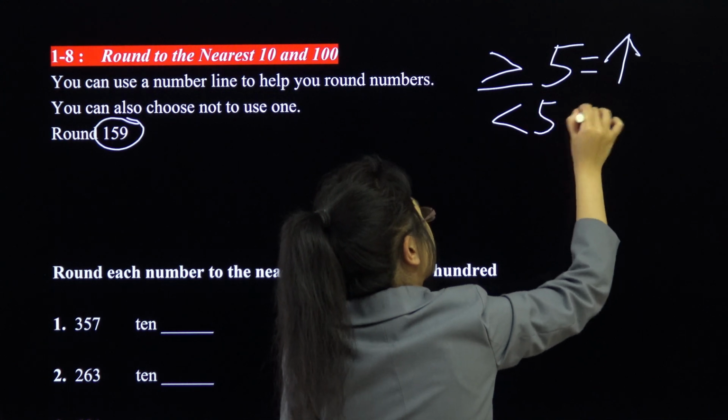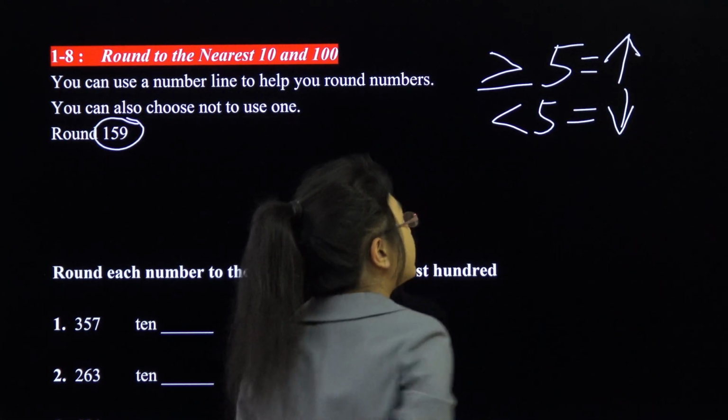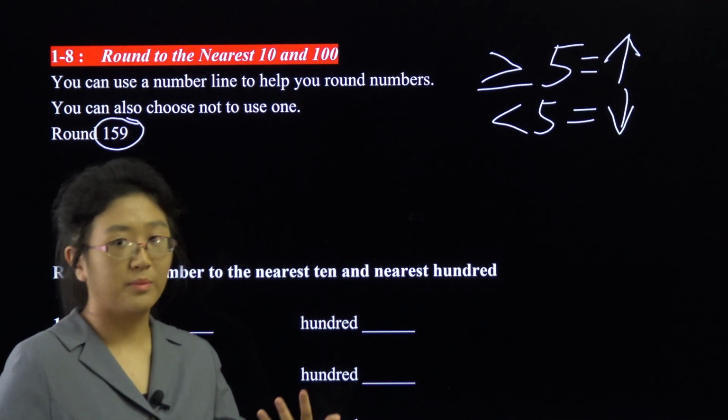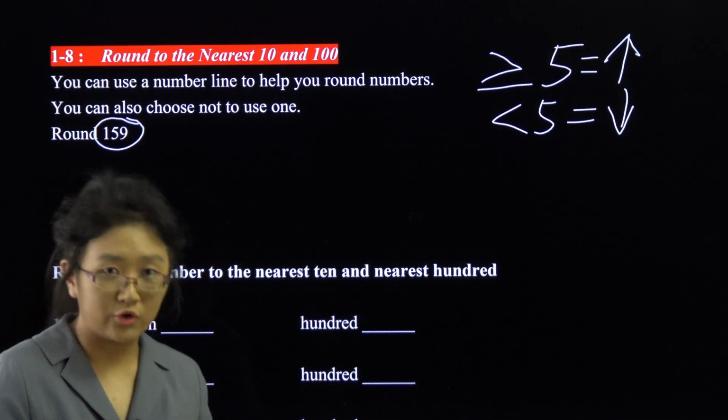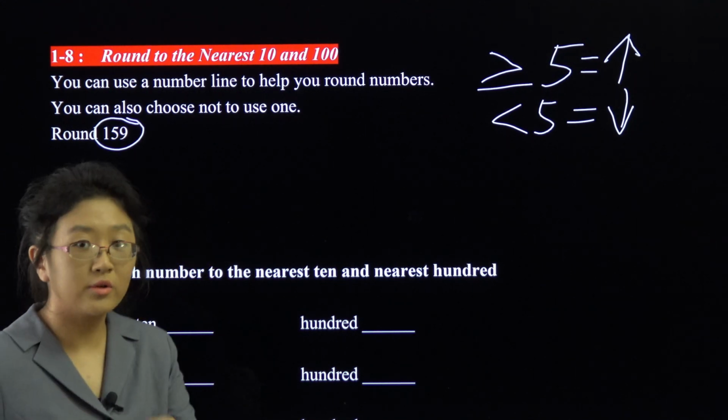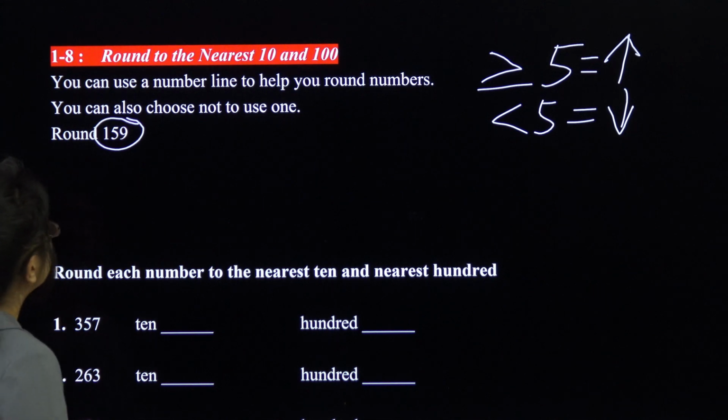Smaller than 5, round down. Sometimes in advanced science classes, there will be more rules on how to round, but right now, this is how you round. And usually for most of math, this is how you round.